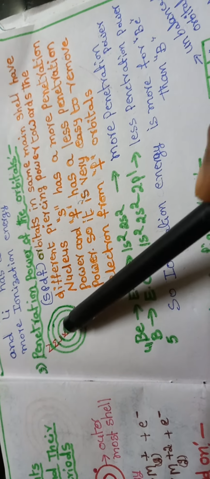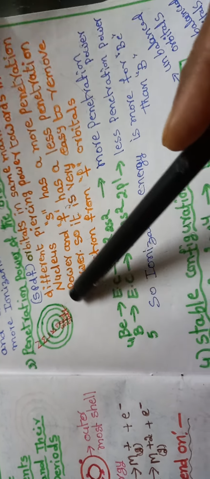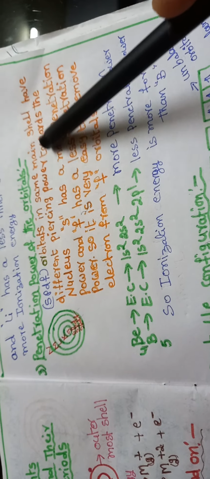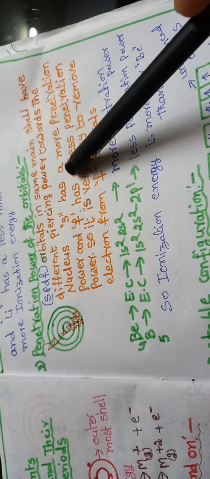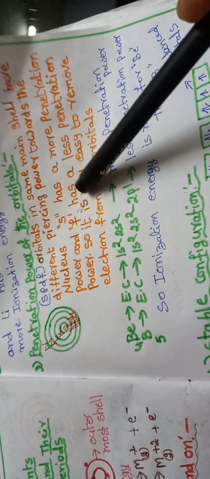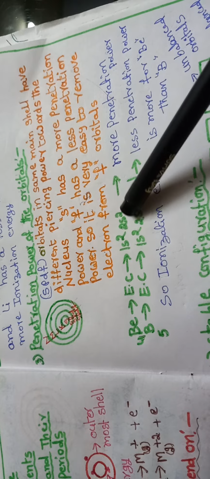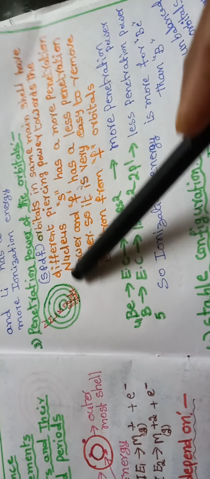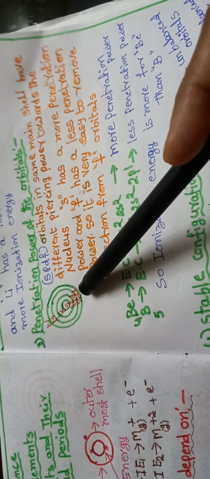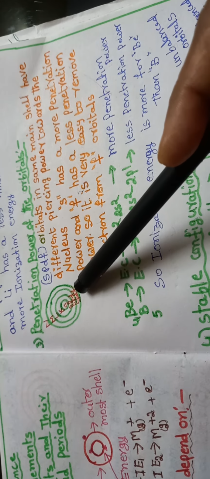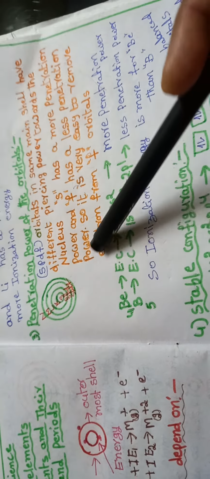Here is the atom, with K, L, M, N main shells and s, p, d, f subshells. The s, p, d, f orbitals in the same main shell have different piercing power towards the nucleus. s has more penetration power and f has less penetration power, so it is very easy to remove an electron from f orbitals.